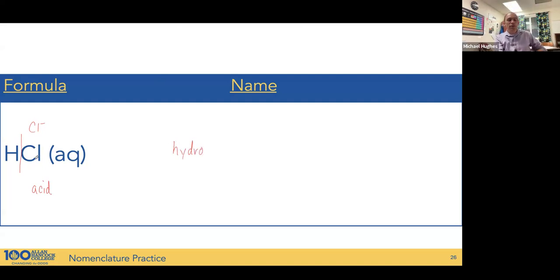Then the root of the anion, which is chlorine, the root plus the suffix ic, so hydrochloric, and then the word acid. So this binary acid is hydrochloric acid.